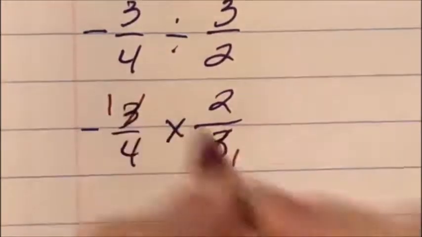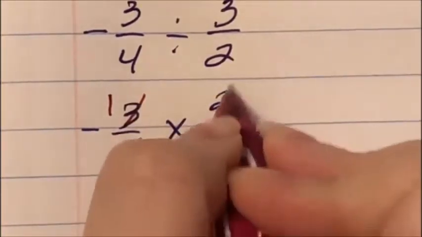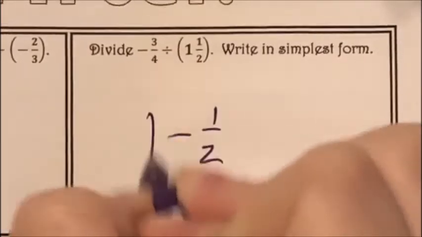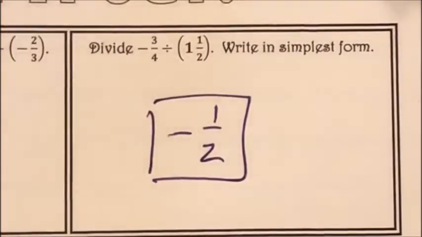I notice I can cross simplify. So the 3's become 1, 2 becomes 1, and 4 becomes 2. 1 times 1 is 1. 2 times 1 is 2. I have one negative sign, so my answer is negative. So negative 1/2. And that is the end of lesson 7.